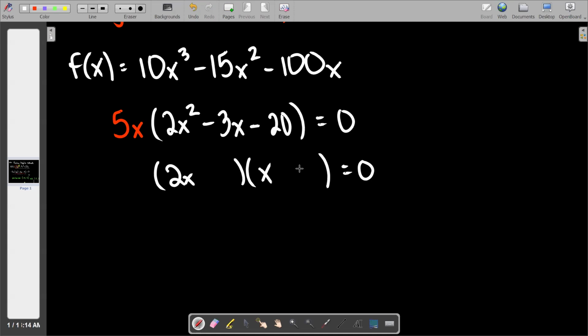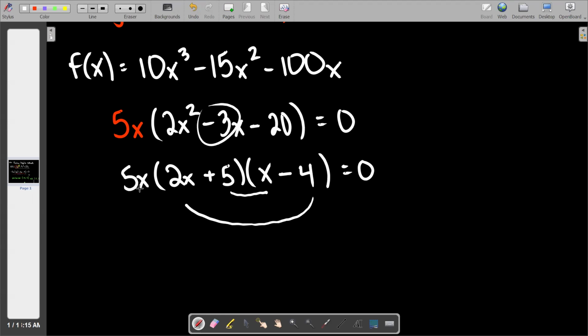And again, the vibe of it is if I put a 4 here, I make 8, and if I put a 5 here, I make 5. And 8 and 5 make 3. But it's going to have to be 2x plus 5. And we do want the weak 5x to be positive, and we want the strong 8x to be negative to give us the correct balance.